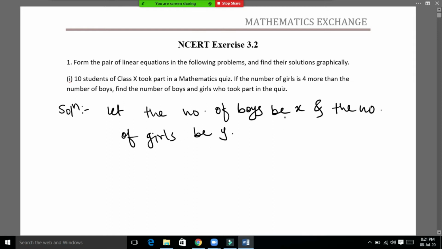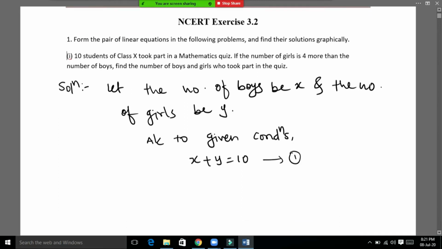So the number of boys is x and the number of girls is y, and the total x plus y is 10. So according to the given condition, x plus y is equal to 10. This is our first equation.